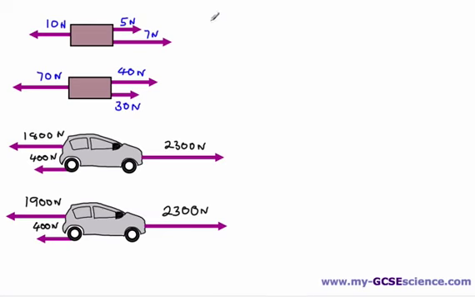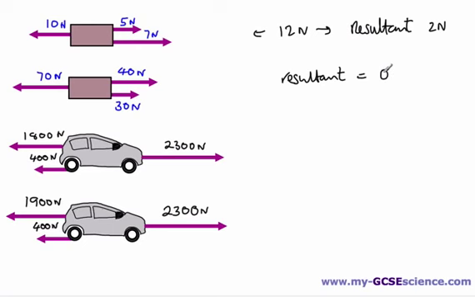So we have, for the first one over here, 5 and 7, we've got 12 newtons to the right and 10 to the left, so the resultant force is 2 newtons. This object would start to accelerate towards the right. For this one over here, we've got 70 towards the right and 70 towards the left, so the resultant equals 0 newtons, so this object would not start to move.